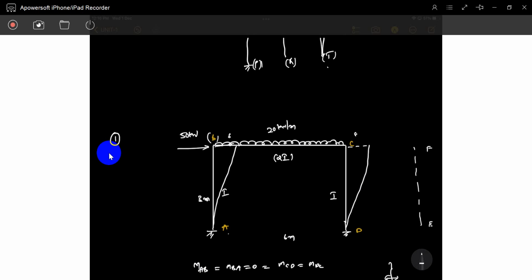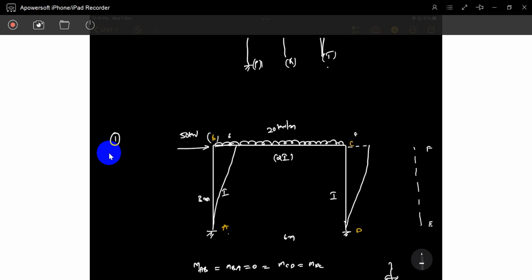These are the individual stiffnesses divided by the total stiffness, not joint B, joint C. Are you understood? AB, DC, EF, these are the individual stiffnesses divided by total stiffnesses. That is the displacement factor.